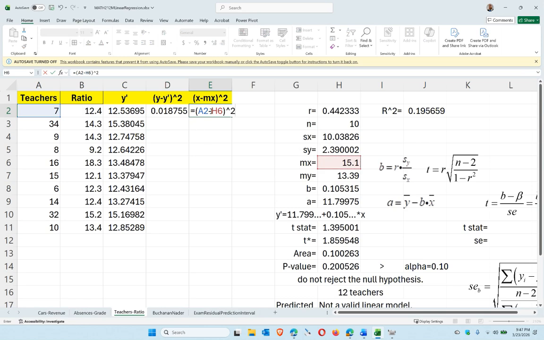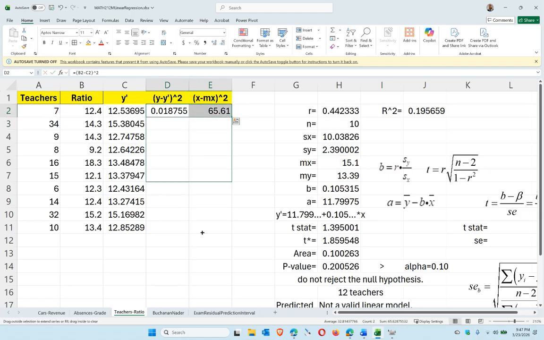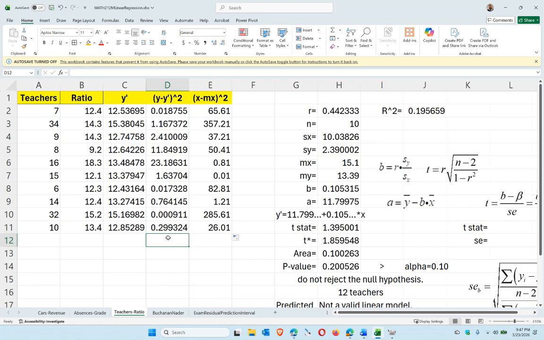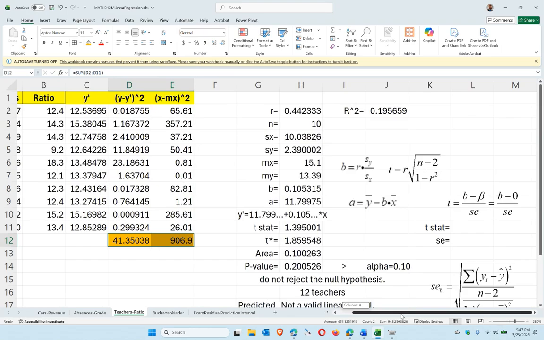But the mean doesn't change, so we're going to put a dollar sign on that. Drag those down. We need the sum of all those, right? Drag that across. So those are the two important values there.